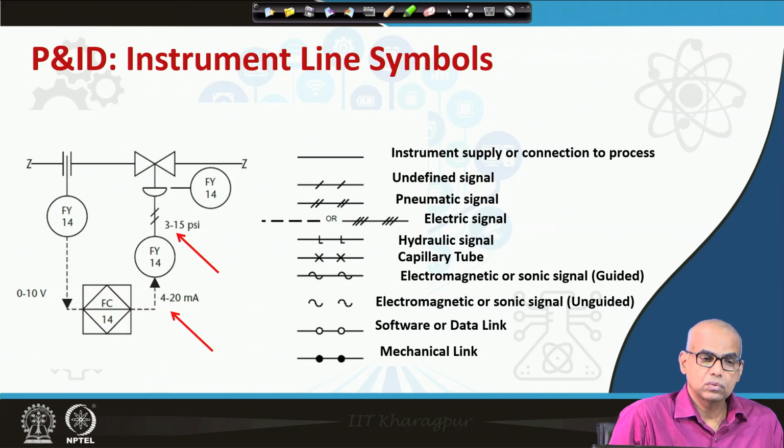Now, how to represent various lines such as pneumatic signal, electrical signals, hydraulic signals, etc. There will be various line symbols on the piping and instrumentation diagram which represent lines corresponding to various signals such as pneumatic signal, electrical signal, electromagnetic signals, mechanical links, software or data link, etc. So, they all use different symbols.